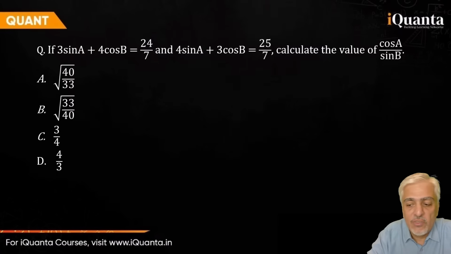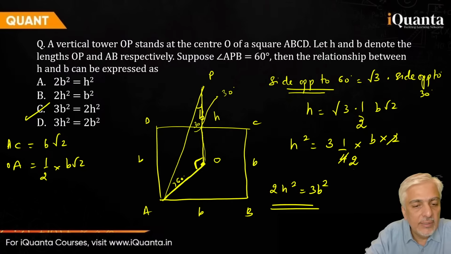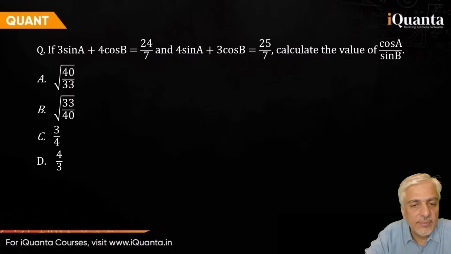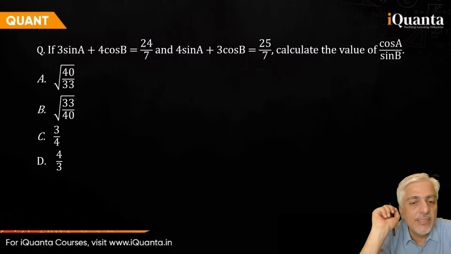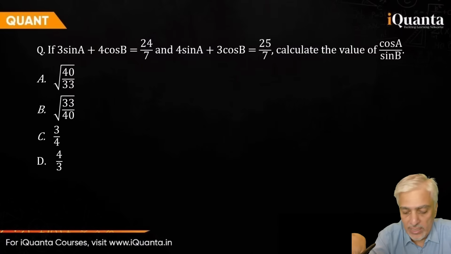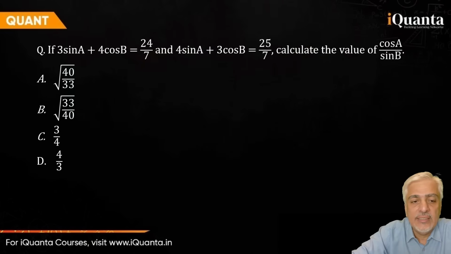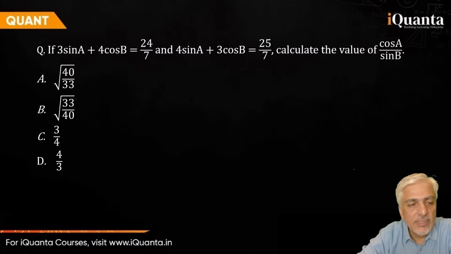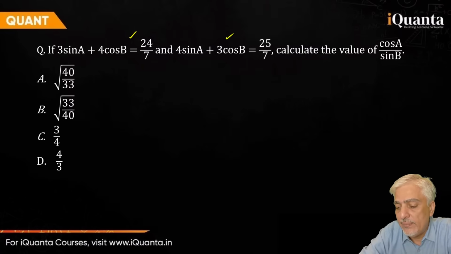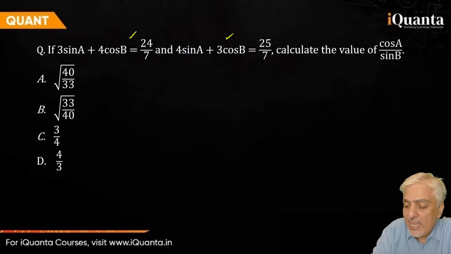Let's go to the previous question which we had not done. This one. 3 sin A plus 4 cos B is 24 by 7. 4 sin A plus 3 cos B is 25 by 7. Find cos A upon sin B. What you can do is add both these equations.